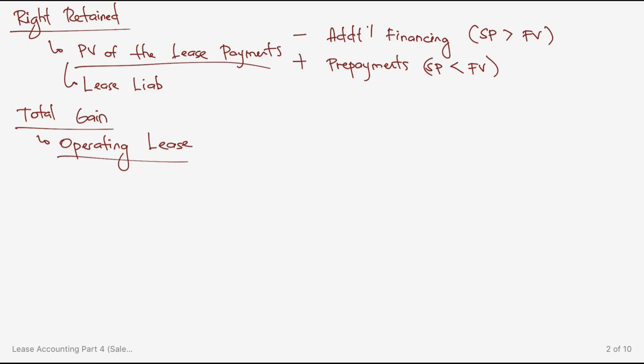Or number 2, that is a low-value asset lease or low-value lease. So if short-term lease and low-value lease, the lessee is permitted to use the operating lease accounting. And if that's the case, total gain is actually recognized in full. Again, recognized po yan in full. Nagkakaintindihan po ba tayo dun?